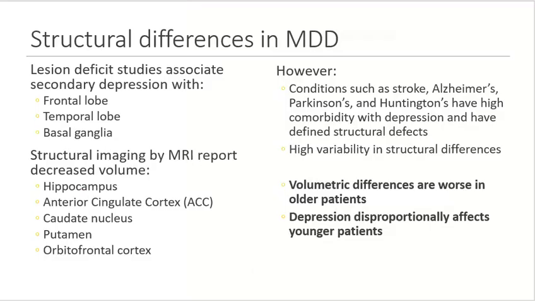Great. So there are structural differences in MDD specifically that we're going to talk about. There have been lesion deficit studies associated with secondary depression, so people that experience a loss of the frontal lobe, temporal lobe, or basal ganglia will develop MDD after.